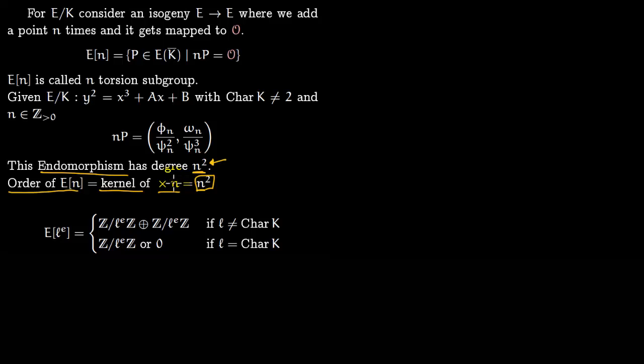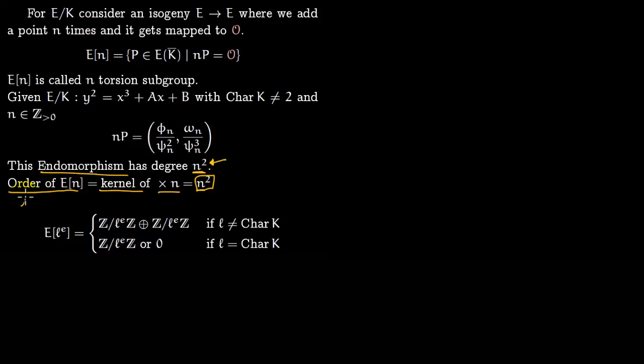So we can do the prime factorization of n or n squared, and then you can express this group of order n squared as a direct sum of cyclic groups of prime order. So what we want to essentially do is talk about all the primes which divide n, and then talk about what their group structure is for p times or l times.